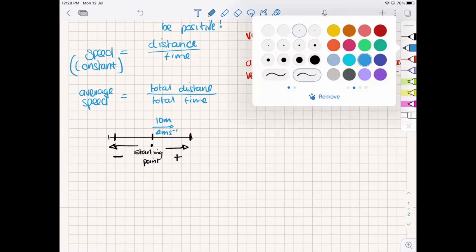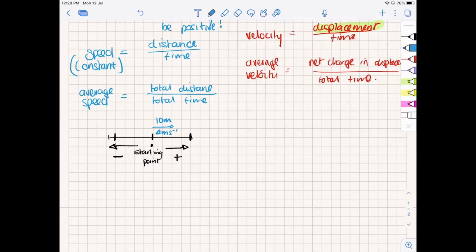Okay, in the second diagram, he has traveled to the end of the pitch, right? So in the second diagram, he has started from the starting position. He's run all the way to the end. He's turned around and he's run 10 meters back. So Zara, what's his total distance that he's covered?